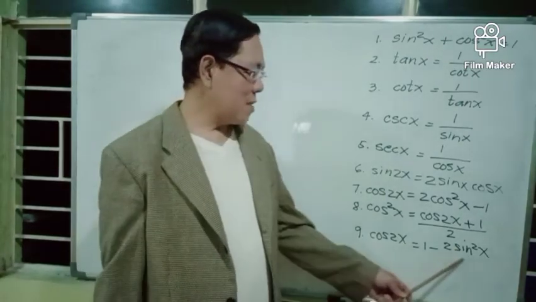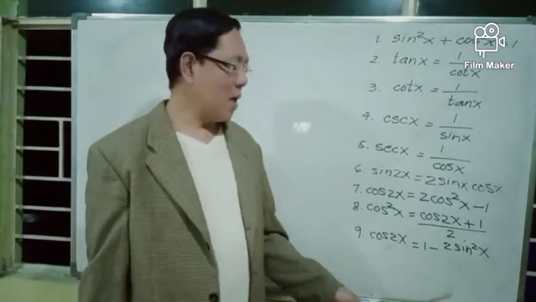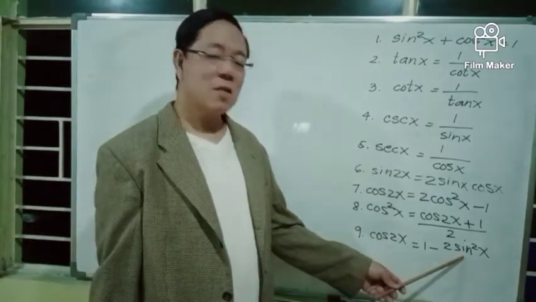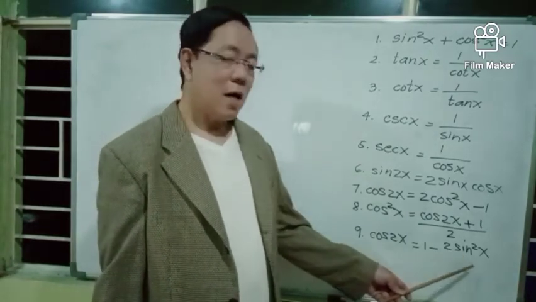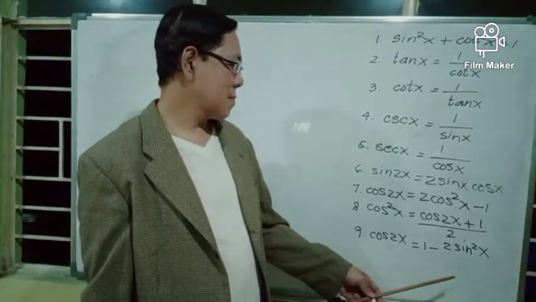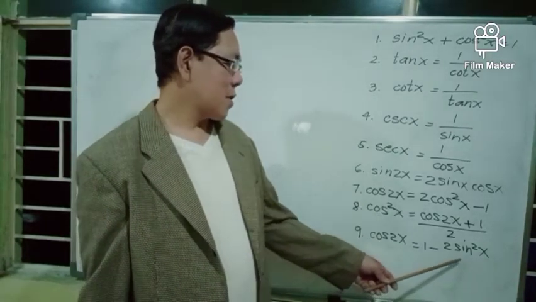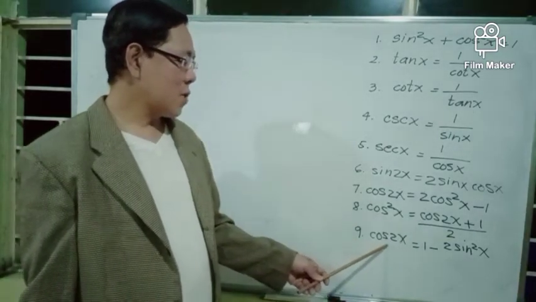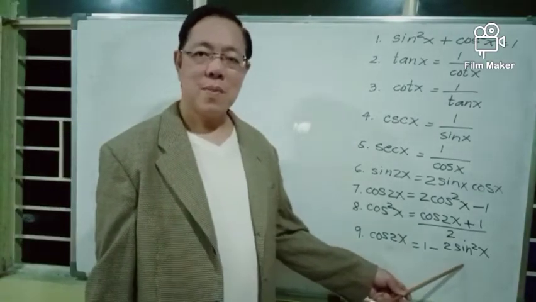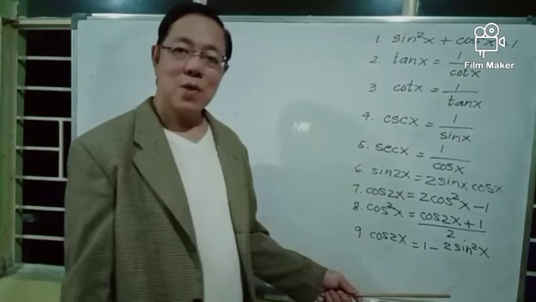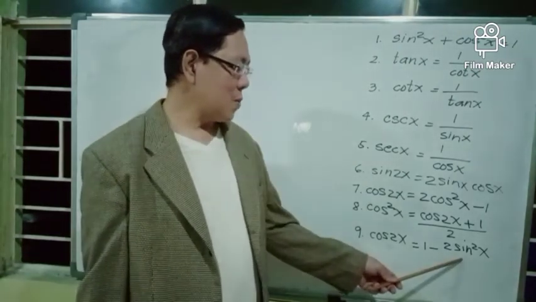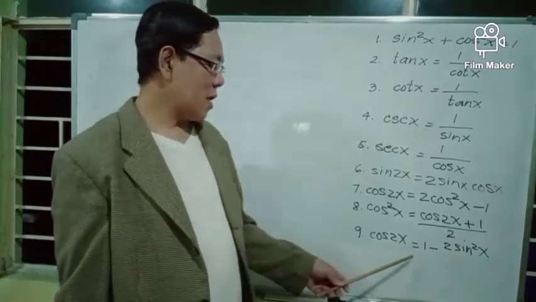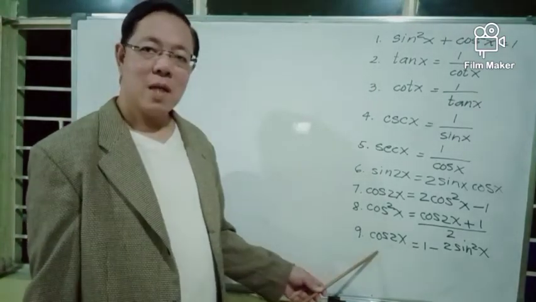And from this identity, we can derive an expression equal to sine squared x by transposing 2 sine squared x to the left hand side and cosine 2x to the right hand side.